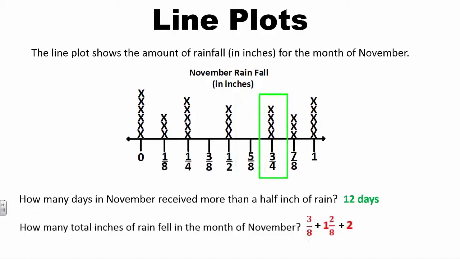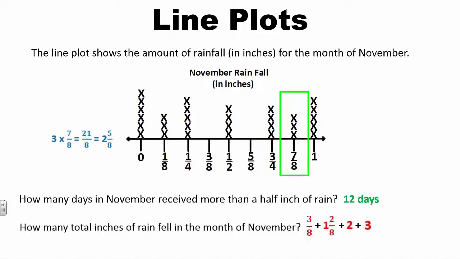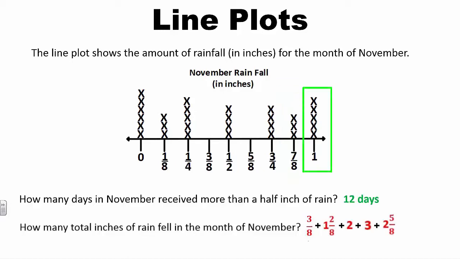Next, we see that 4 days had 3/4 of an inch of rain. 4 times 3/4 is equal to 12/4, which equals 3 inches of rain. 3 days had 7/8 inches of rain, which equals 21/8 or 2 5/8 inches of rain. 5 days had 1 inch of rain. So if we multiply 5 times 1, we need to add a total of 5 inches of rainfall.